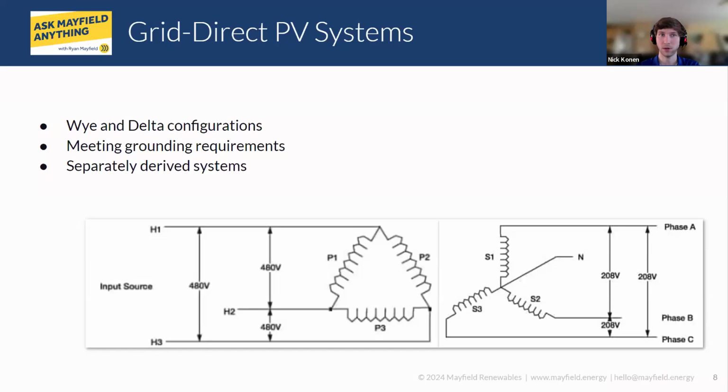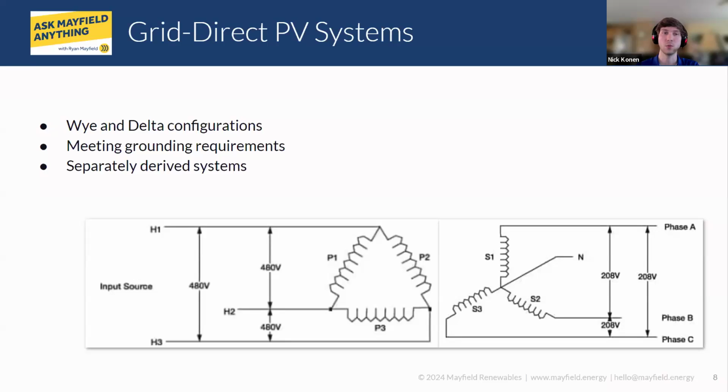Functionally for the transformer, usually in your PV applications, you only really need that Delta on the grid facing side. Touching back on what Jeff was saying, with it being an isolation transformer, it creates a new separately derived neutral on that inverter facing side, for that balanced reference that the PV inverters typically like to see.